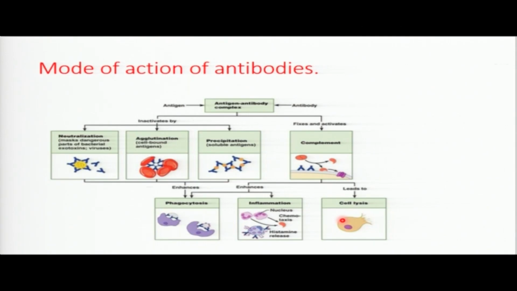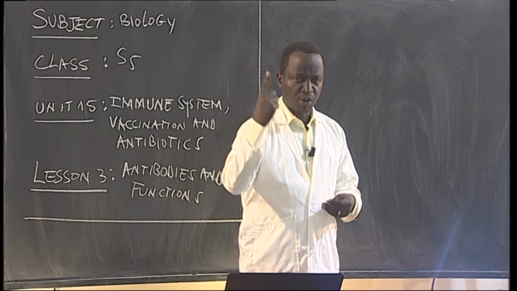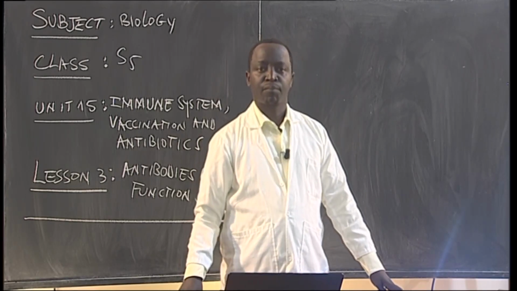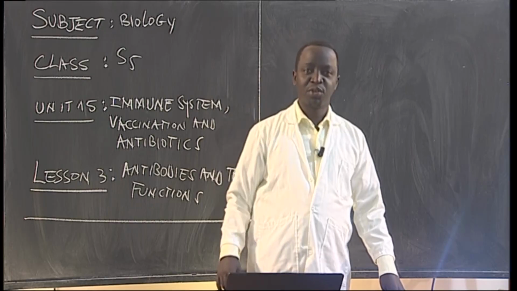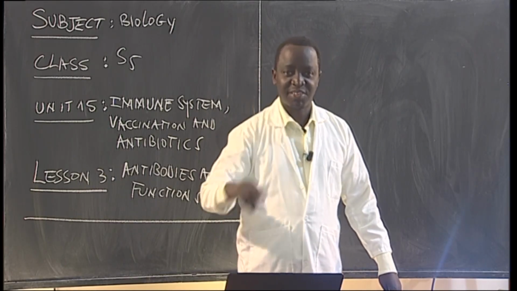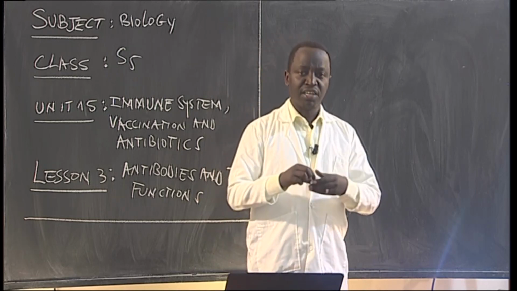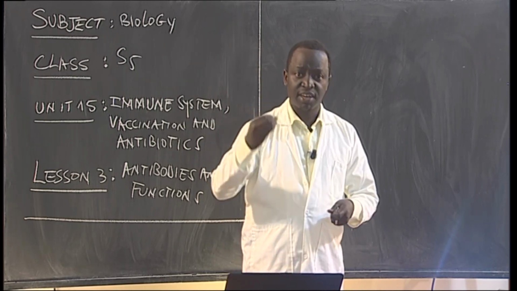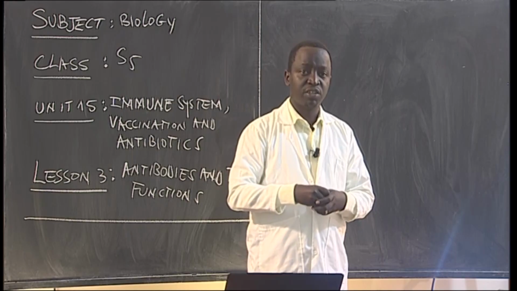Before I give you the homework, we can try to understand what an antibody is. When we talk about antibody, what do you understand about that? Nice. That is a protein that fights against pathogens in our body. You are right.